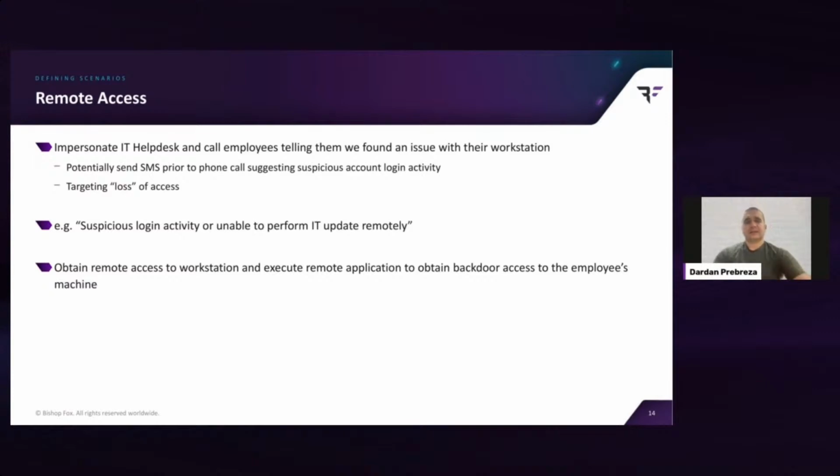So let's say you get a suspicious login activity alert from Google, and 30 seconds or 1 minute later, you get a call from your company's IT help desk, because we will be spoofing their phone number, and the call will look legitimate, and it will also match the text that was received a few seconds or a few minutes before the call. So in this case, we are targeting suspicious login activity or being unable to perform an IT update remotely.